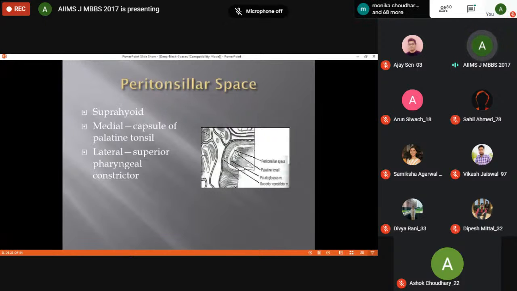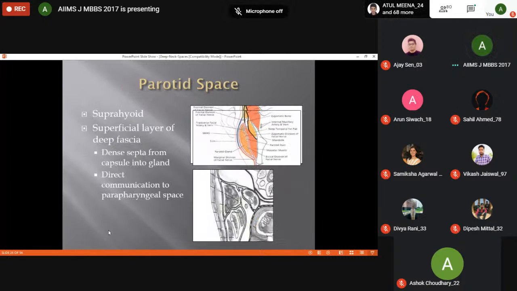The superior constrictor muscle is a boundary of the parapharyngeal space. So basically, if there is infection of this area, it can go through this and can communicate with the parapharyngeal space at some point of time if it's not treated well. Then there's a parotid space.